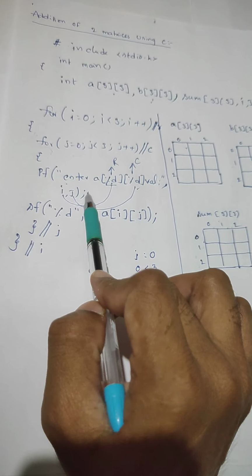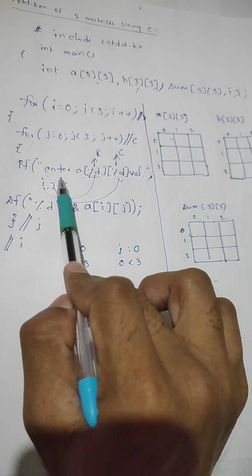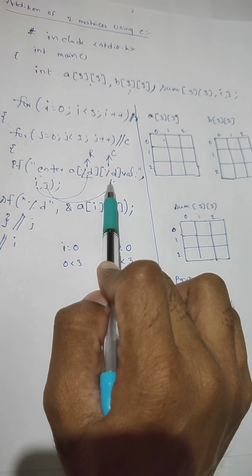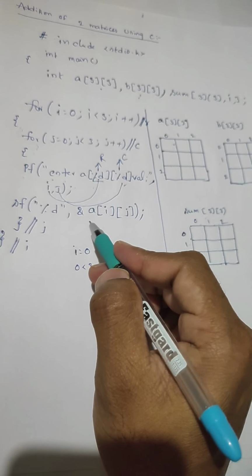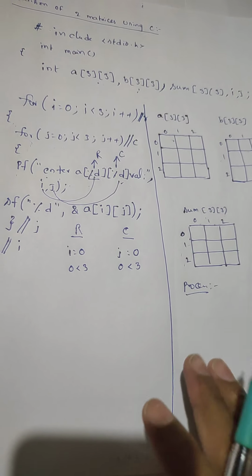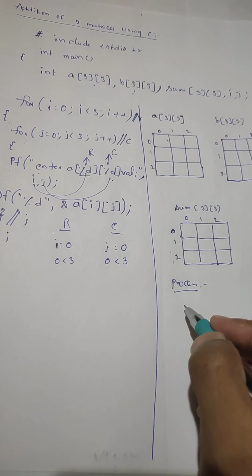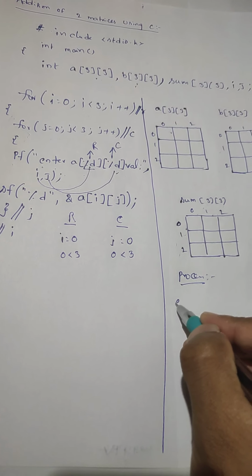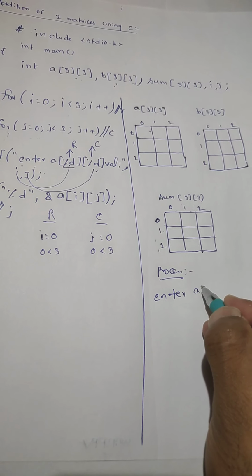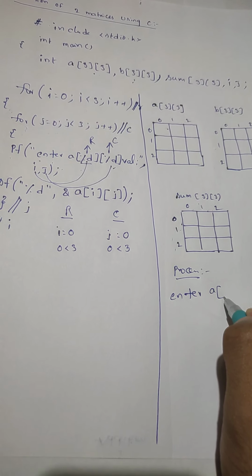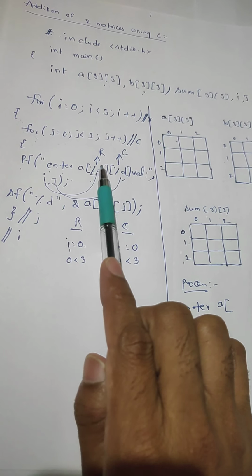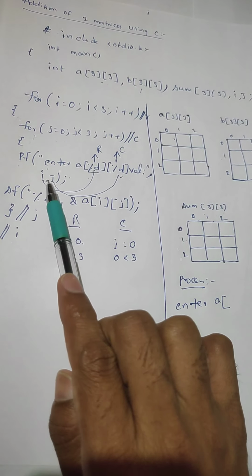Here one printf statement is there. Within this printf statement, "Enter A", the first %d is for row and the second %d is for column. The first %d belongs to i and the second belongs to j.